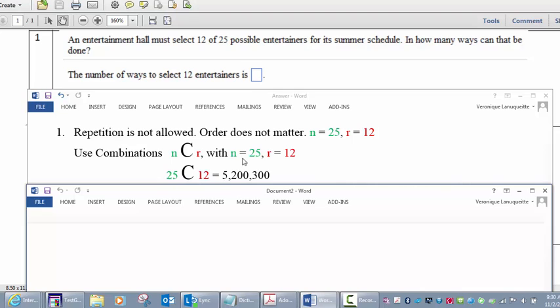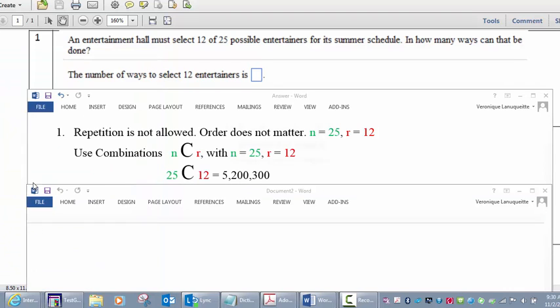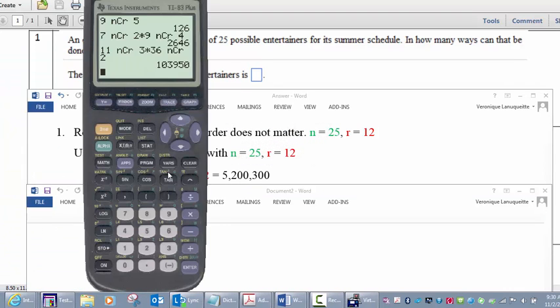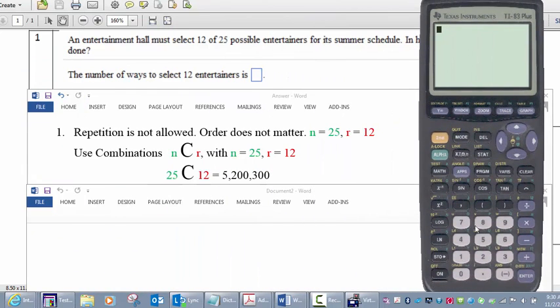Now, how did I get this answer right here? Let's use a calculator to get that. Let's go ahead and compute this information. So we want to type 25, go to math, highlight probability PRB right here, and then select the third option for combinations and enter the number 12 for the value of r.